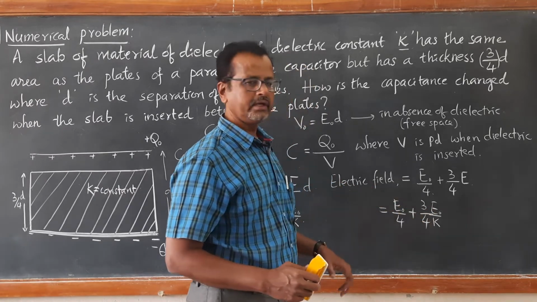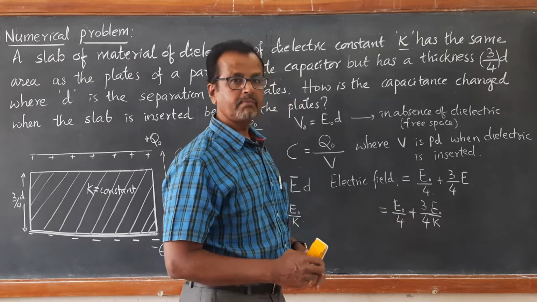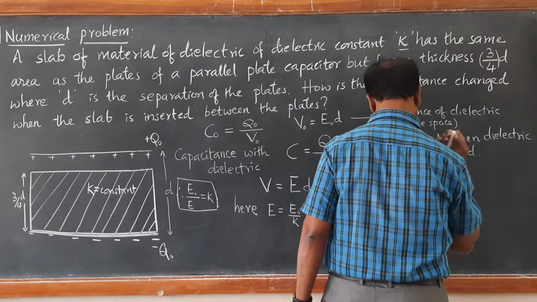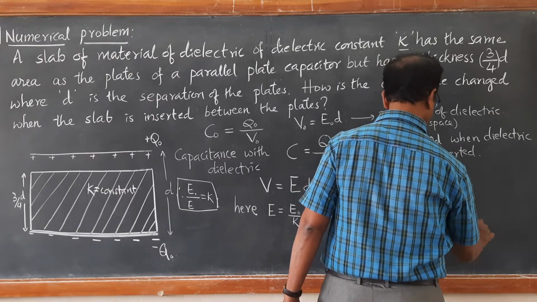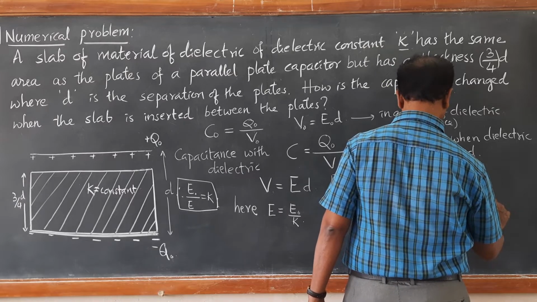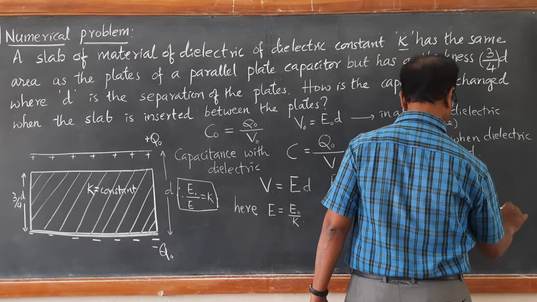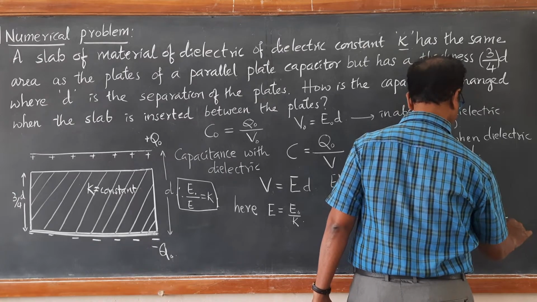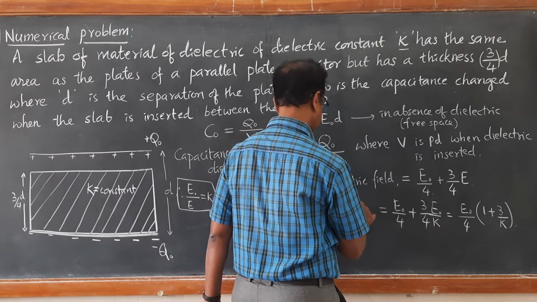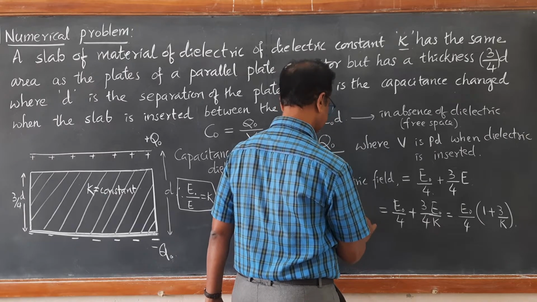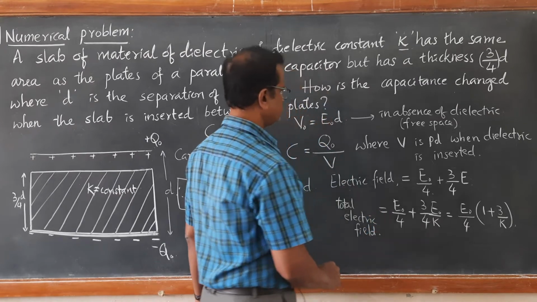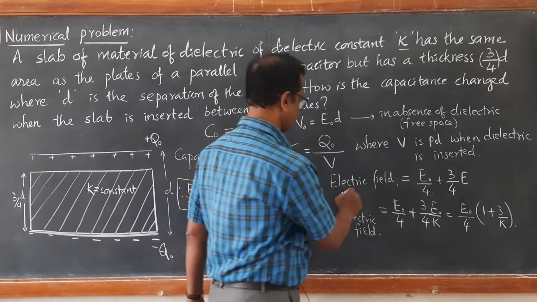You can take E naught by 4 common, then you are left with 1 plus 3 by K. This is the total electric field.